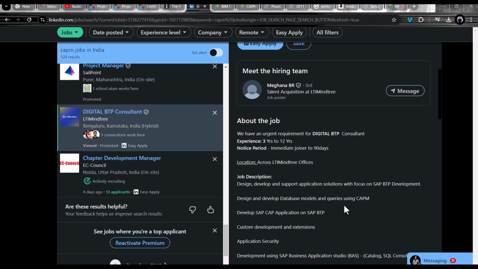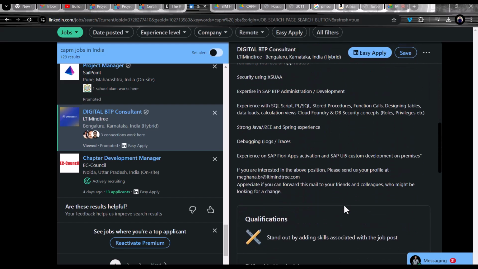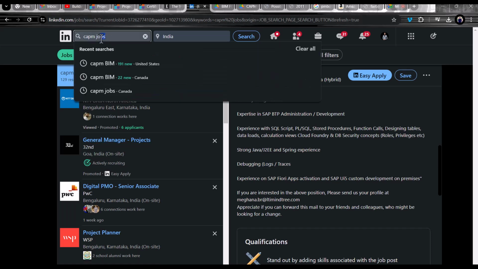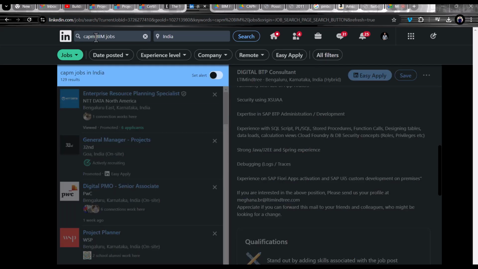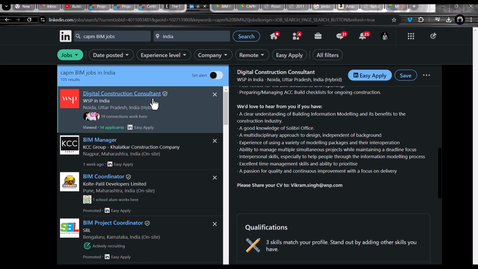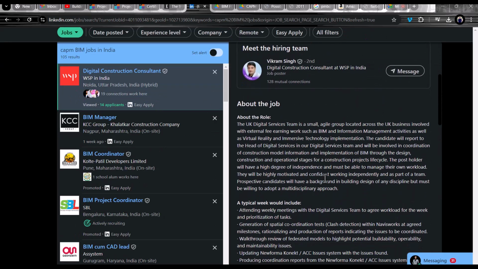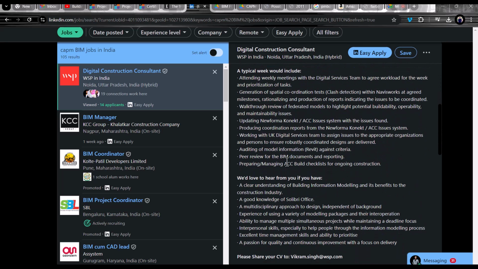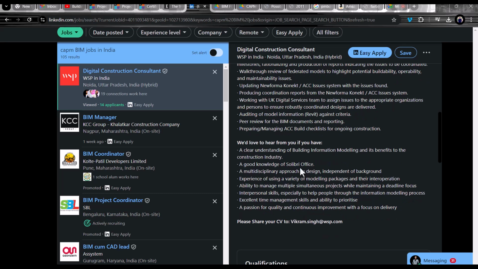Let's have a look over here. CAPM, let's type BIM. For sure you will find some requirements which are exactly related to a project, related to BIM, and along with BIM experience they would be expecting a CAPM. Ongoing construction, ability to use Solibri.